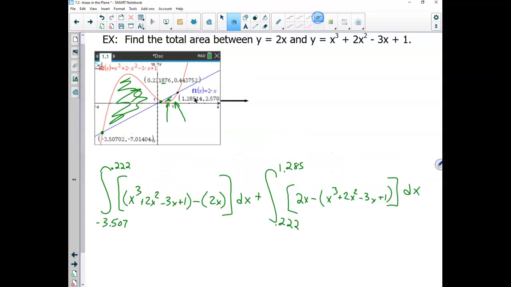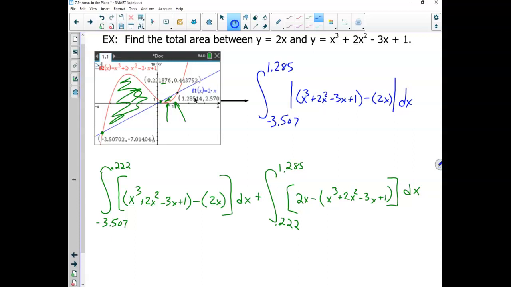The easiest way to go would be to do my integral, and hopefully you're yelling at the screen saying, why don't you go from negative 3.507 to 1.285 and just do the absolute value of x cubed plus 2x squared minus 3x plus 1 minus 2x, I think that was my other one, absolute value dx.